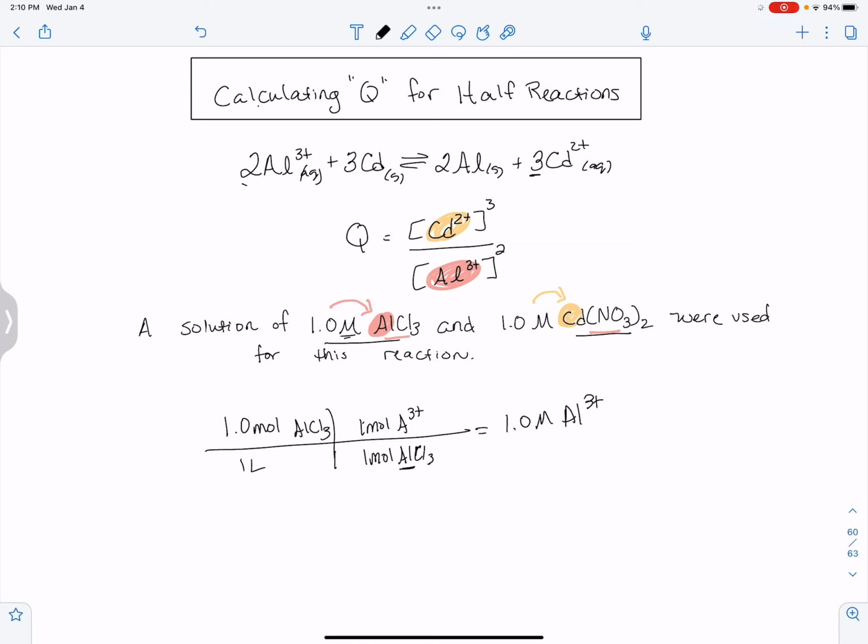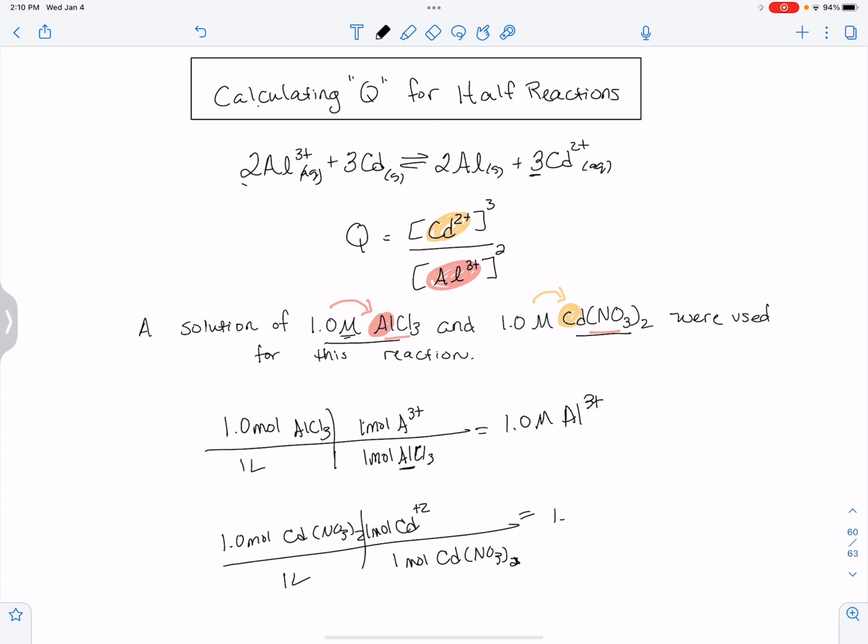Now in the next one, I would say 1.0 moles of CdNO3 in 1 liter, and I'm trying to get from CdNO3 to just Cd. And again, that's 1 mole of Cd2+. And so that's going to give me 1.0 molarity of Cd2+.